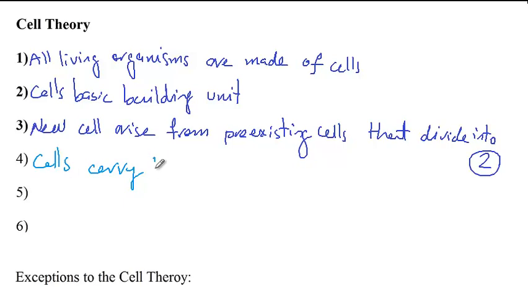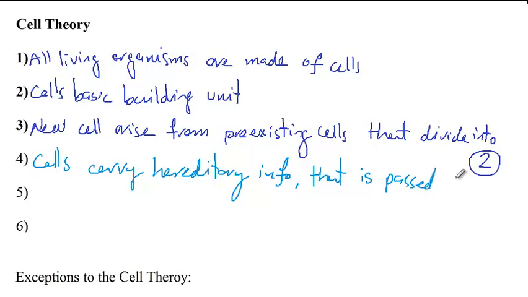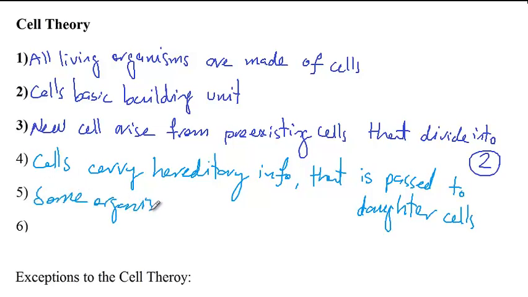So cells carry hereditary information, like for instance DNA, that is passed to daughter cells in every division. The next point is that some organisms are made of only one cell, while others are made of multiple cells.